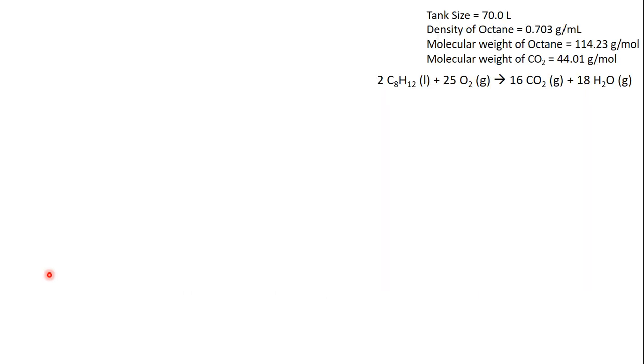Alright, let's take a look at this. So I have the relevant information up here, and this is really just dimensional analysis. As I've said before, dimensional analysis comes up a lot, and this is one big dimensional analysis problem. So we're going to set up our train tracks. I start with a 70 liter gas tank, and that should be 70.0. Now for every 1 liter we have 1,000 milliliters.